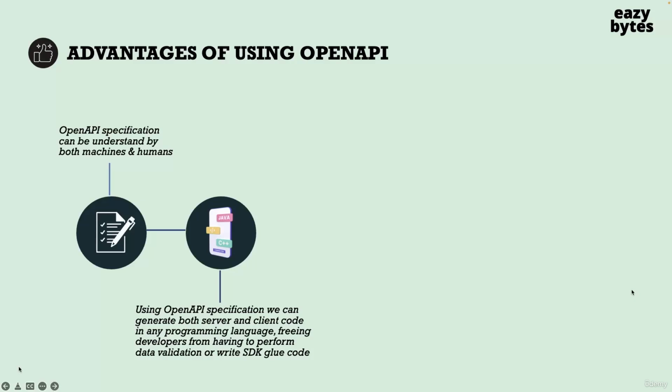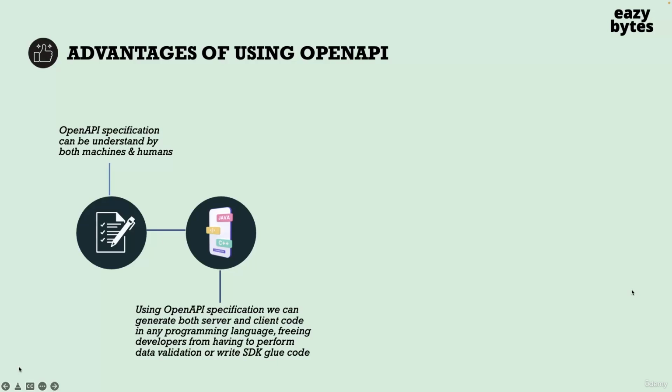So if you as a developer are trying to produce an API with the help of the OpenAPI specification, you can generate the server code or the backend code. And using that skeleton structure, you only write the business logic inside it, and you can forget about all the standards that you need to follow for that particular language. Like if you are developing using Java or Python or Node.js, you are free from writing all this initial code, and there are enough tools that will help you generate the server-side code based upon the OpenAPI specification.